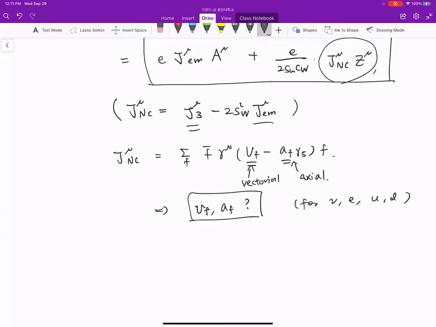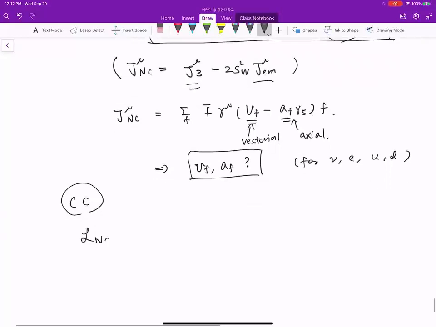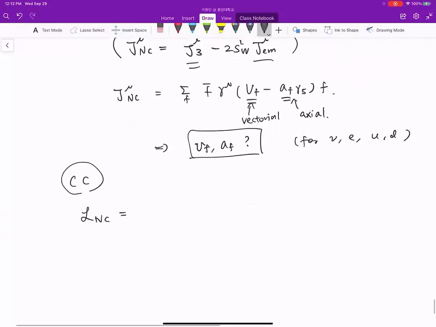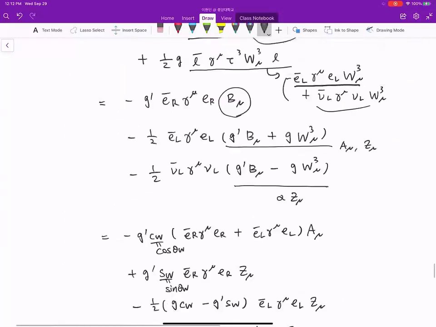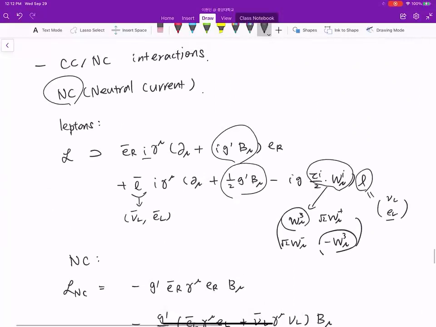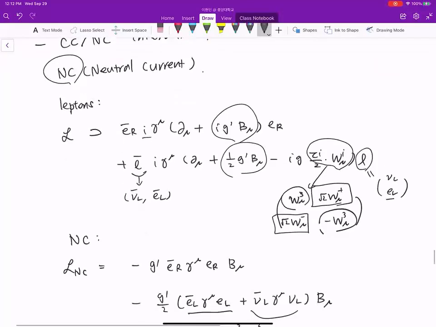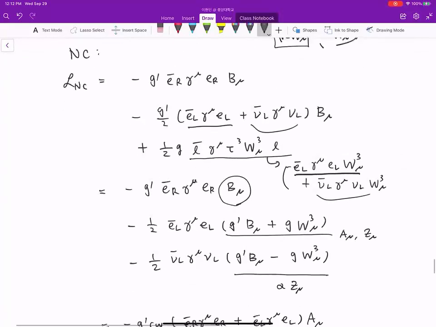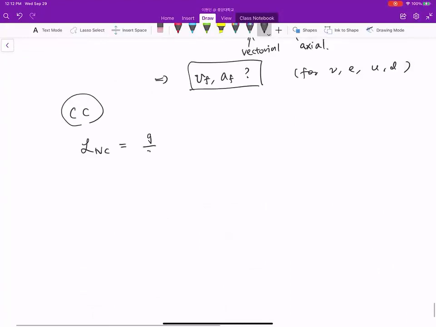For the charged current, it is so simple. So let me go back to this one. So the charged current here. The charged current interaction.